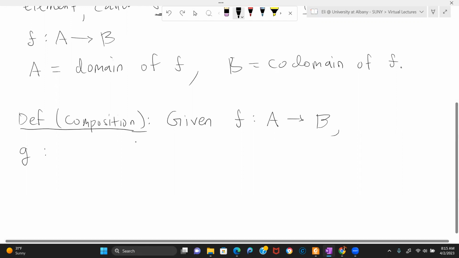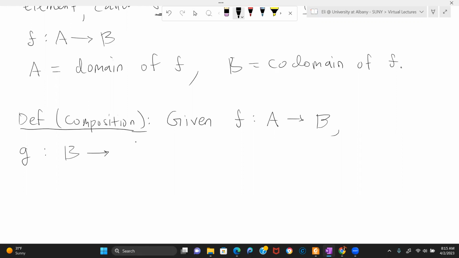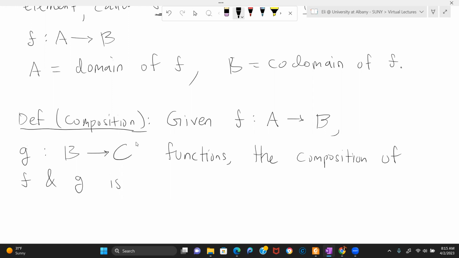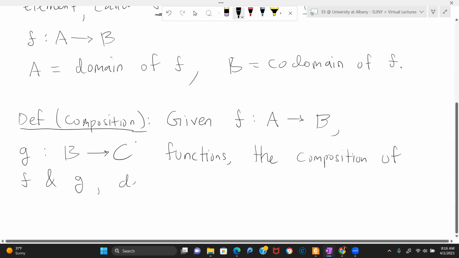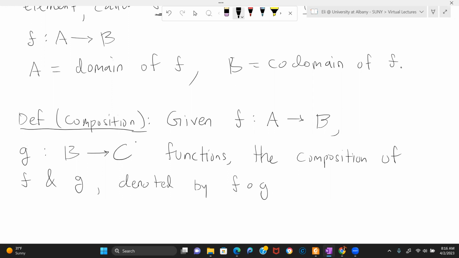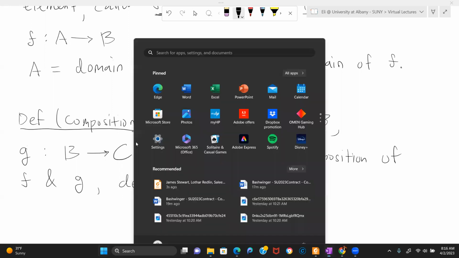A to B, and then G will go from B to C. So given these functions, the composition of F and G, we'll say it's denoted by F composed G, so that's how you read this symbol right here. F composed with G.